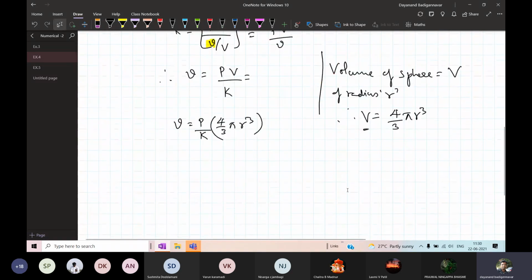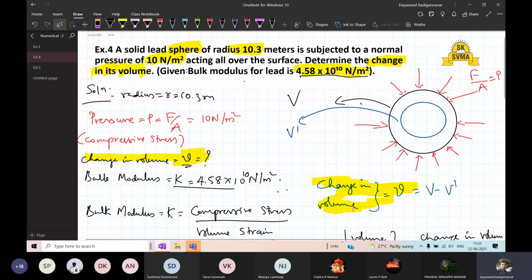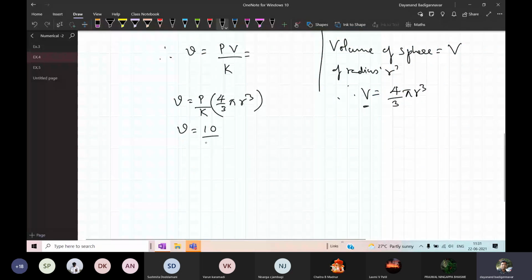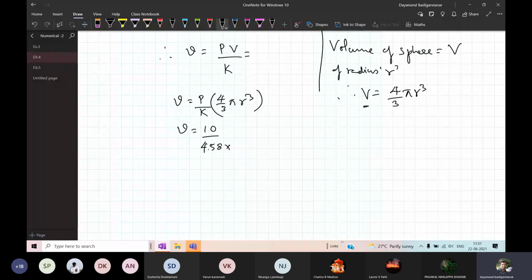Now substitute the values and get the result. The pressure is 10 newtons, divided by K, which is 4.58 into 10 to the power 10 newton per meter square, into 4 by 3 pi R cube.